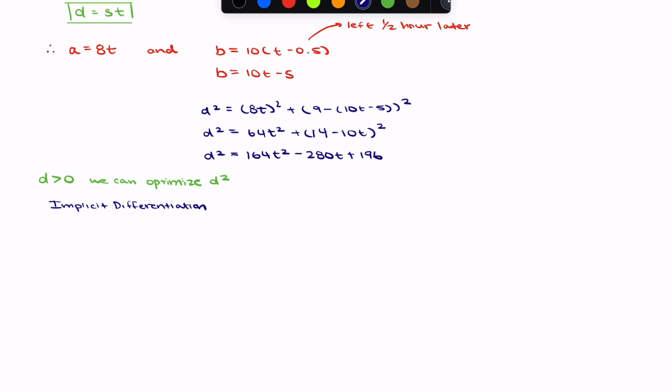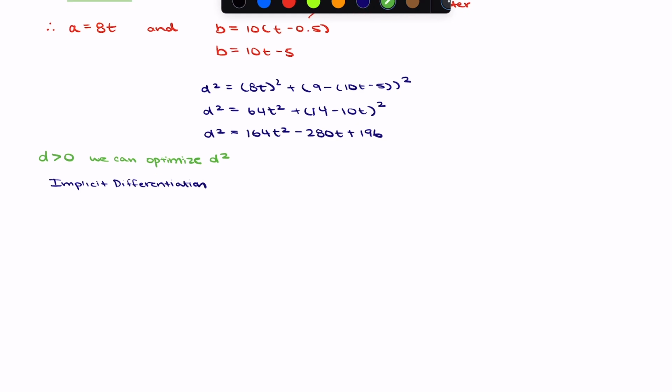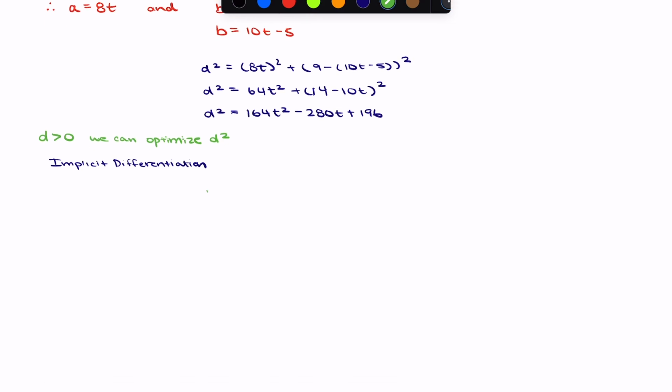Okay, so here we can do the derivative. So d over dt, the derivative of d squared with respect to time, we'll get 328t minus 280.